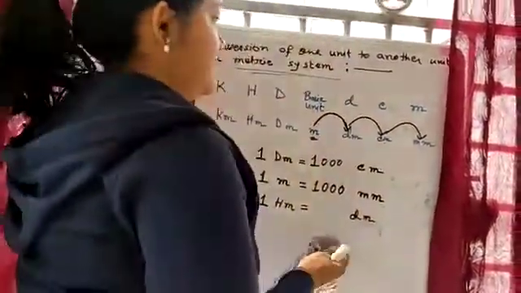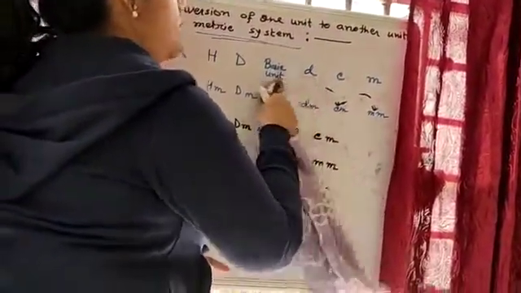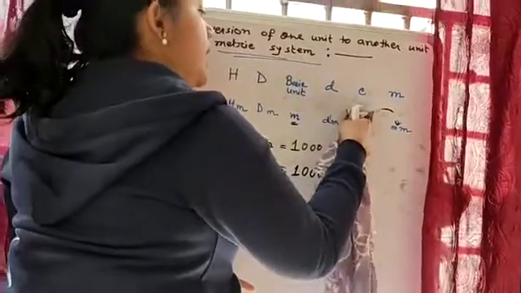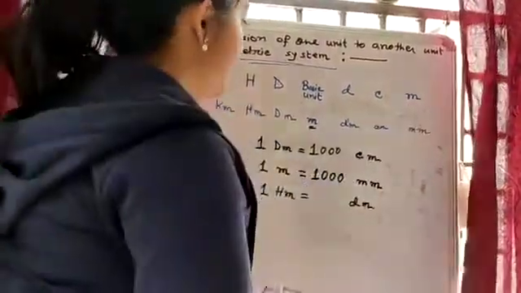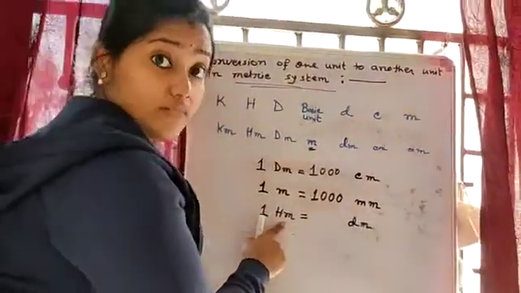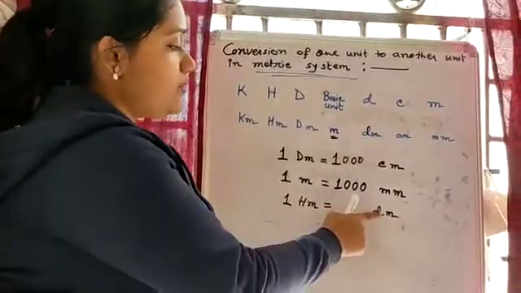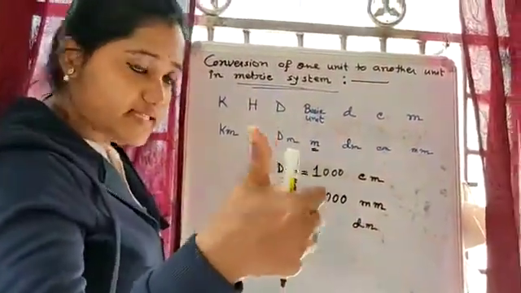Let us write it down. The first thing to find out: do I want to convert from a higher unit to a lower unit? Yes, of course. Hectometer is higher and decimeter is lower. First thing is done.